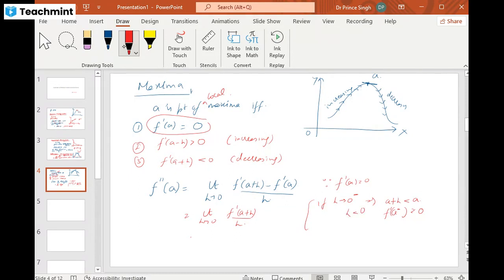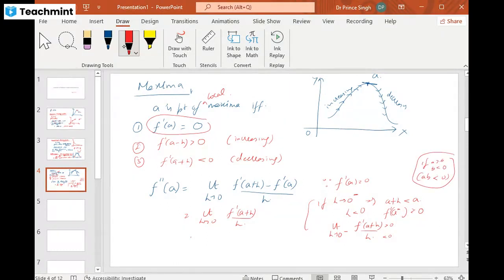So what does it mean? It means that for the limit as h tends to 0 from negative of f dash a plus h upon h, f dash at a negative is positive, so your numerator is positive, but your denominator is negative. This is positive, this is negative, and the product of a into b is less than 0 if a is positive and b is negative, right?